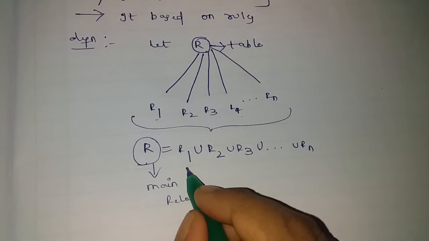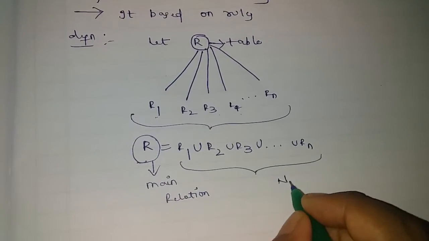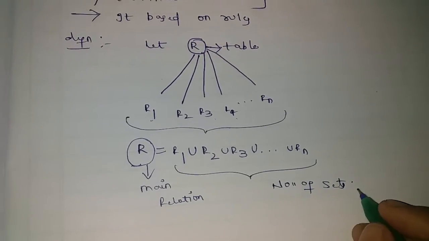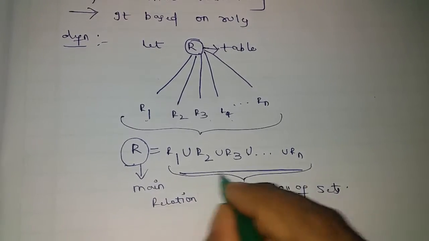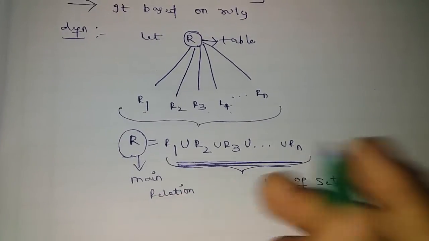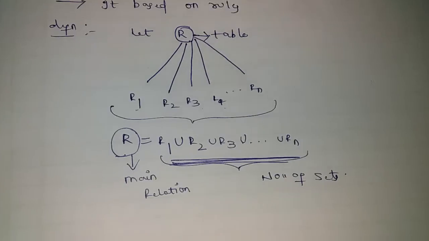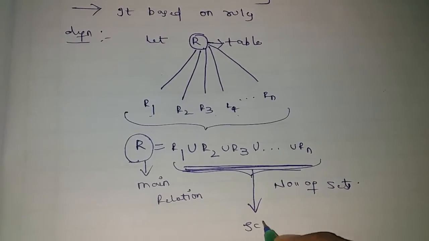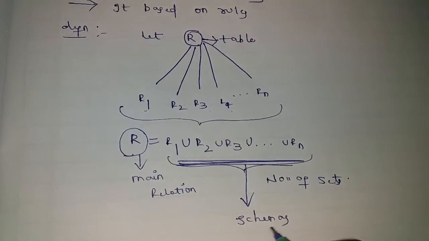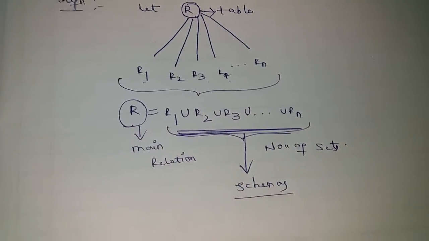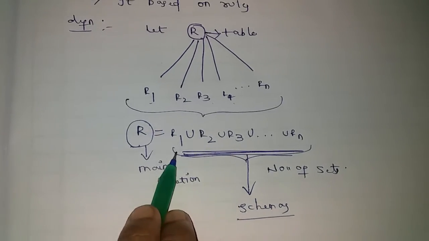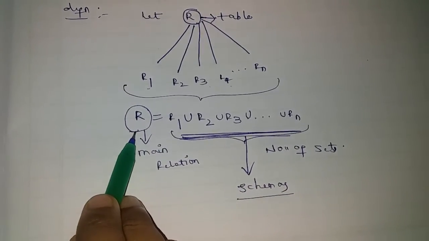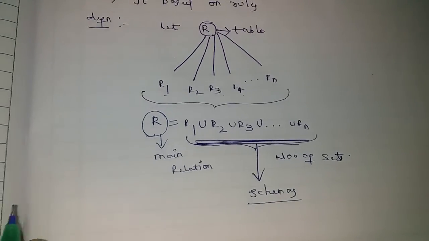We divide it into a number of sets, R1, R2, R3 up to Rn, and we call this set of relations the schema. This is the main relation and this is the schema.